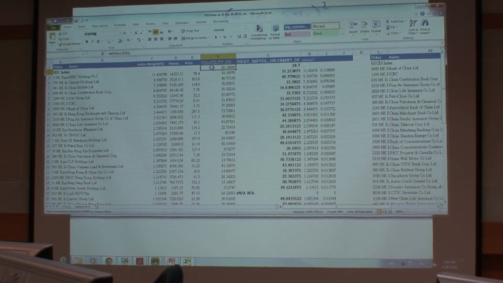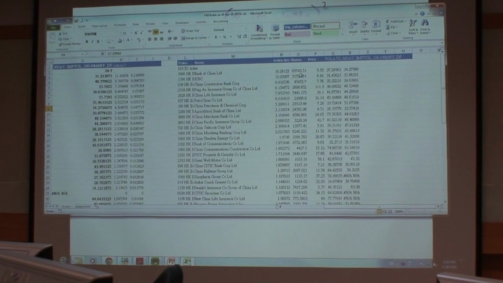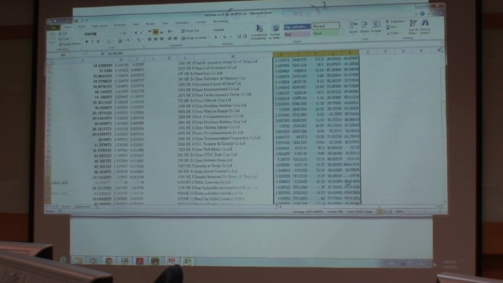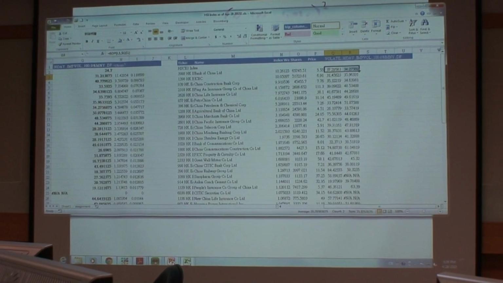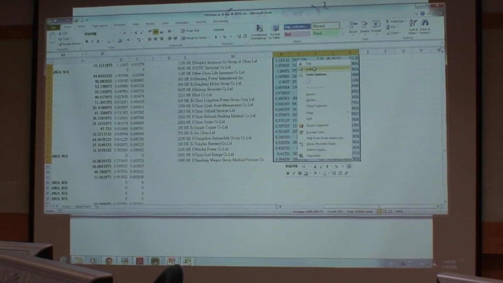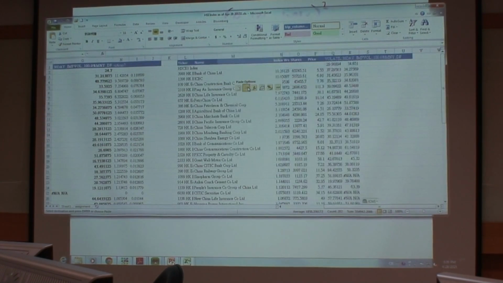Copy. Paste special. The same thing we do for the H shares. Copy. Okay, so based on this spreadsheet, you can just fill in the numbers.